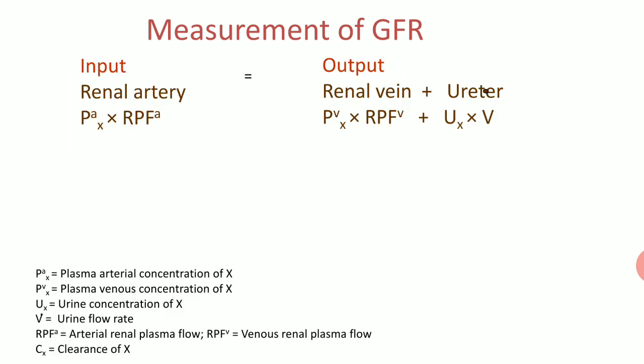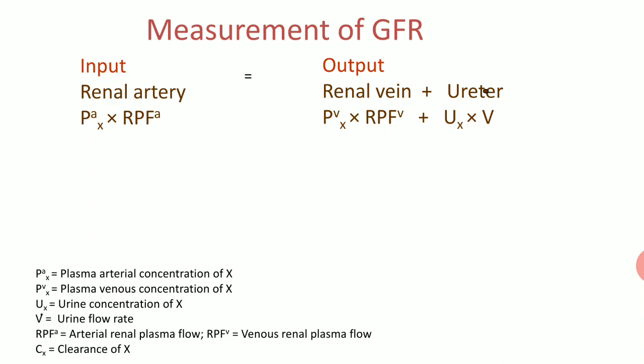So input is equal to output, and what is the input? From the renal artery, what is coming? Renal plasma flow, which is a volume, and if we multiply volume with the concentration of that substance in the blood, then we will get the input.